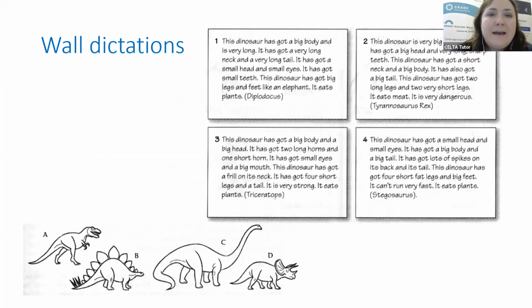Moving on, this is another step for the dictations. Again, this is for kind of advanced kids who are good at working in pairs or in teams. It's called a wall dictation.